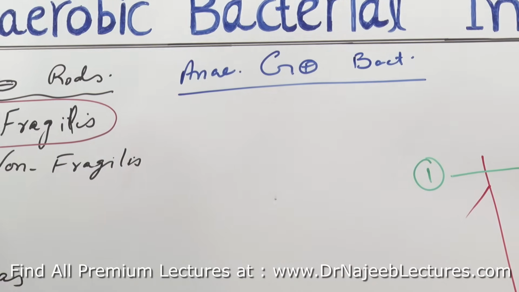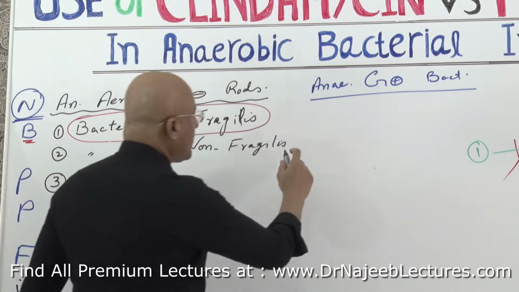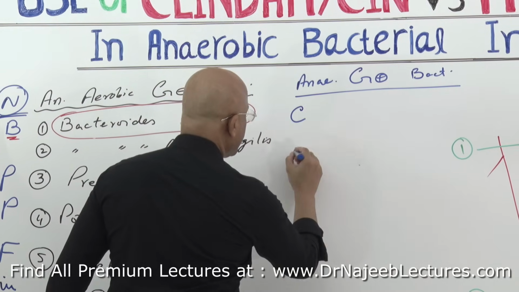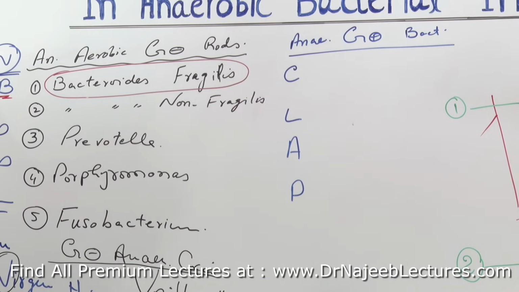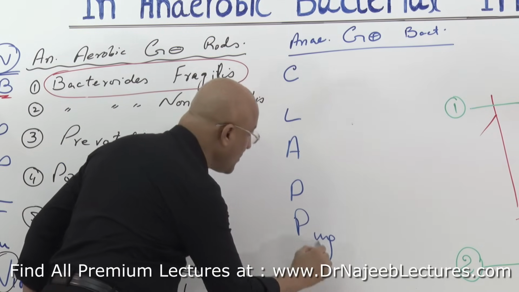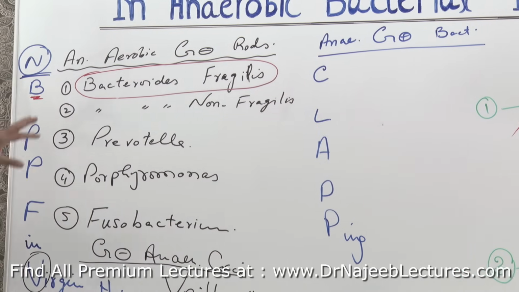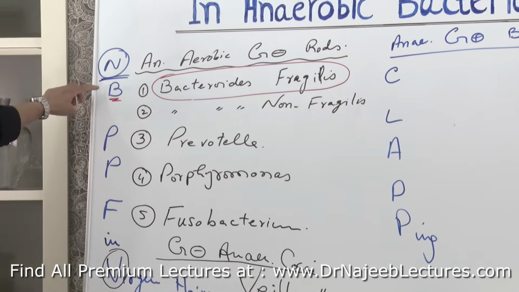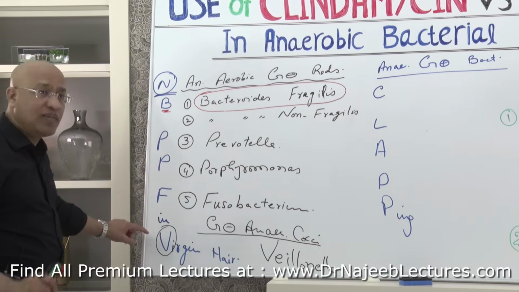Now, anaerobic gram-positive bacteria, you can remember from CLAP, C-L-A-P, clapping, C-L-A-P-P-I-N-G. What? In gram-negative, naughty boy places pink flower in virgin's hair.